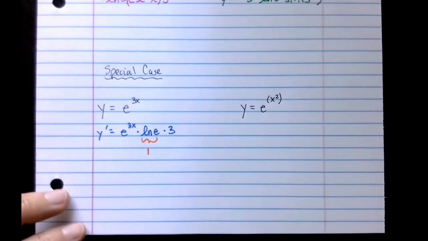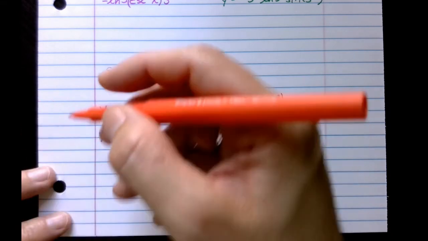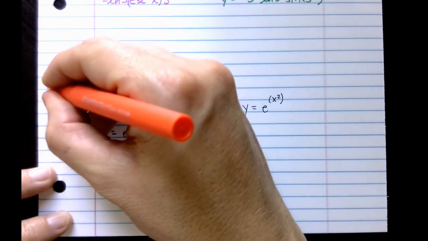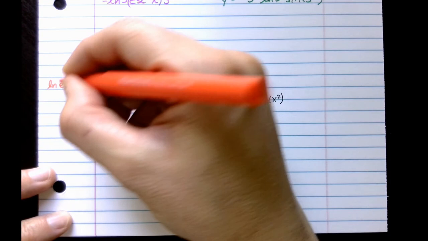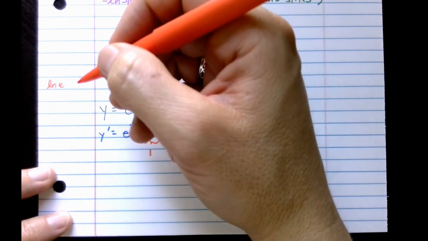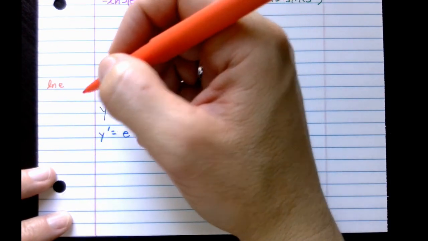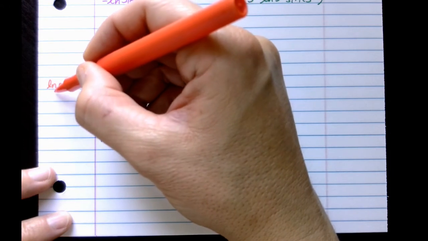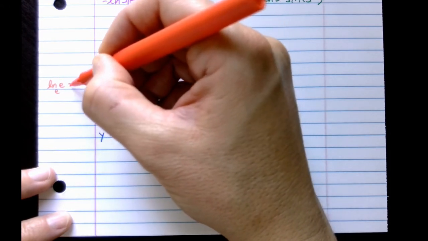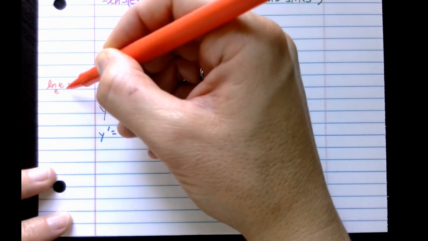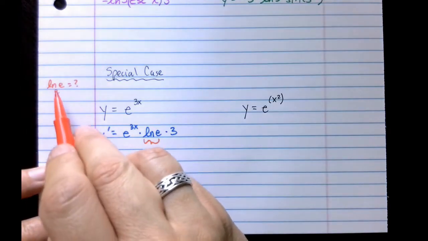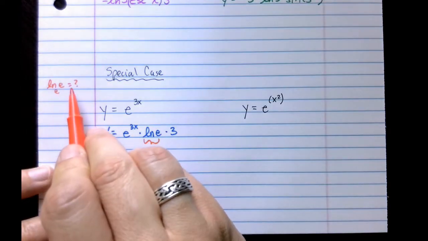That is 1. Why? Let's do a very quick review on natural log here. Remember, logs are exponents, right? And logs and exponents are inverses of each other. Natural log means the base is e. So if I'm evaluating natural log at e, I'm basically saying the natural log of e, base e, equals what?